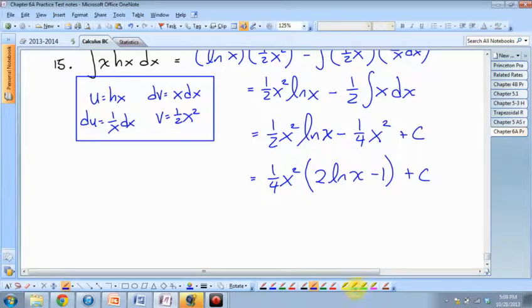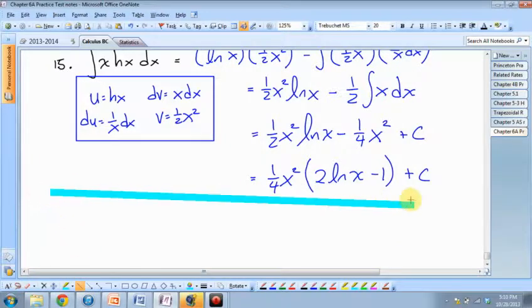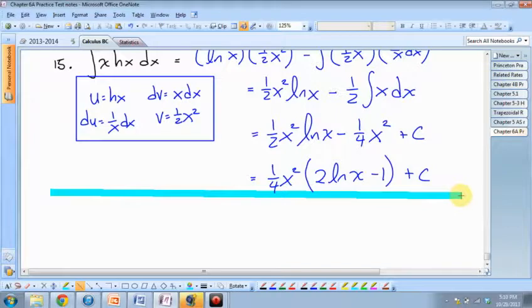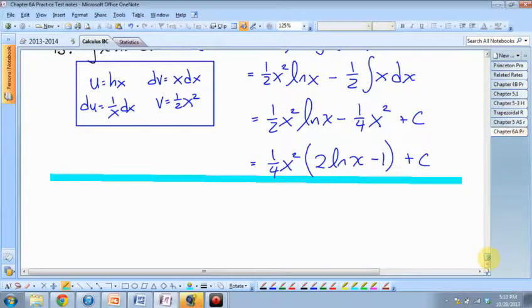Number 16. This chapter review is always so long. 16 is the antiderivative of secant squared x over the square root of tangent x dx.